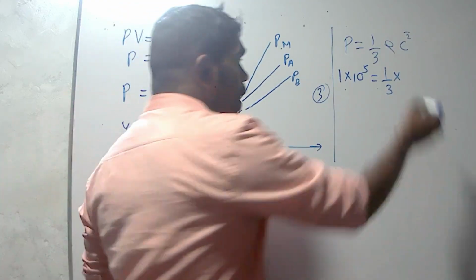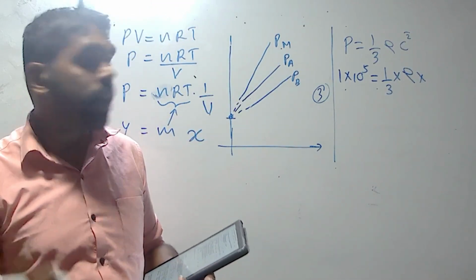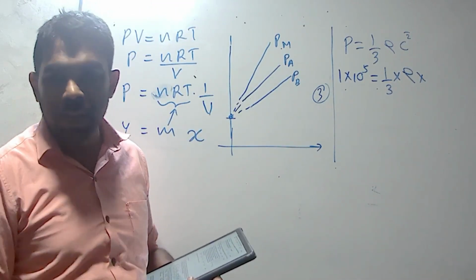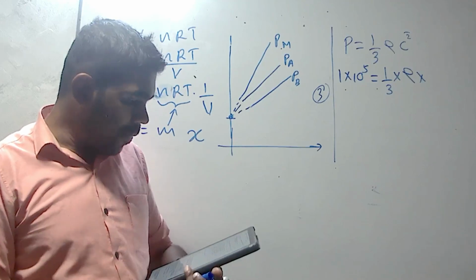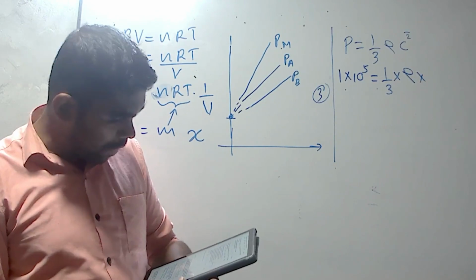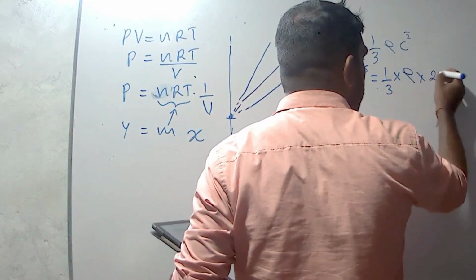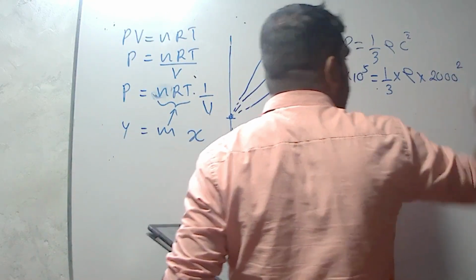We have to find the density. It is the mean squared velocity, not the root mean squared velocity. Therefore, we have to substitute the given velocity with the square term. It means 2 kilometers per second, 2000 meters per second, squared.